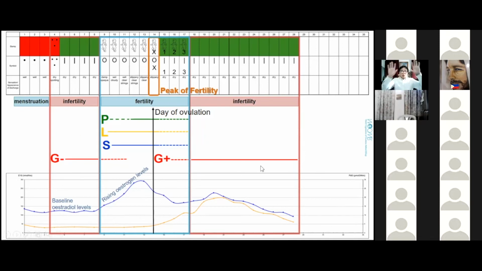Okay? On top is the chart based on Doctors John and Evelyn Billings. The one in the middle is the work of Professor Eric Odeblad. What is happening to the mucus from the different phases of the cycle? The one at the bottom is from Professor James Brown. I repeat, the one on top is the work of Doctors John and Evelyn Billings, the 4 phases of the cycle, the chart.